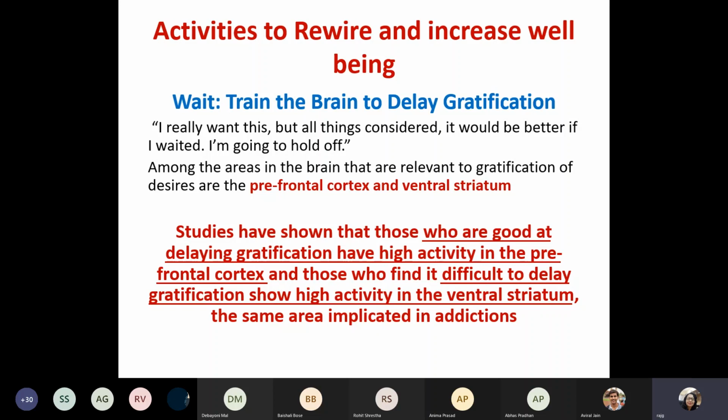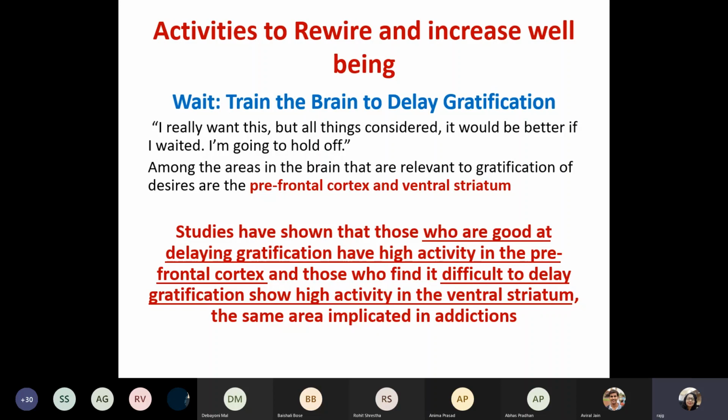Now, if you feel like, say, if you're very angry with somebody, you feel like abusing that person, wait, pause for a while. Do not do it immediately. And it has been seen that if you delay the gratification, then it helps to feel better.